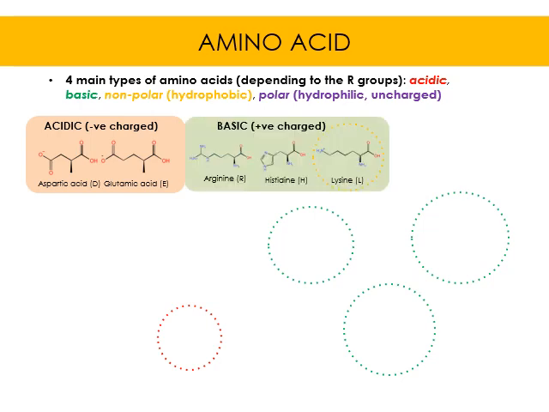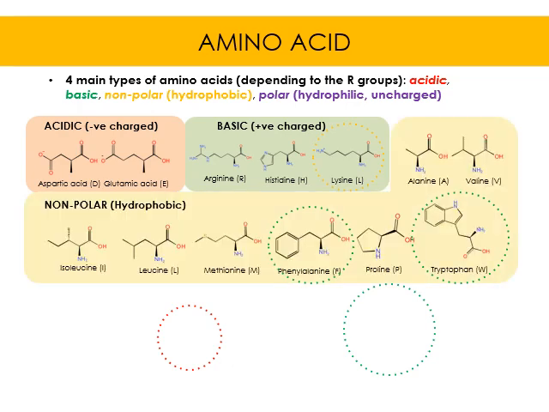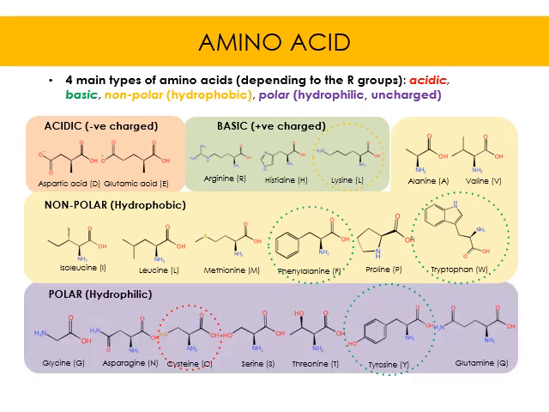We have 3 amino acids that belong to the basic group, where the amino acids are positively charged, and then we have 8 hydrophobic amino acids and 7 hydrophilic but non-charged amino acids.